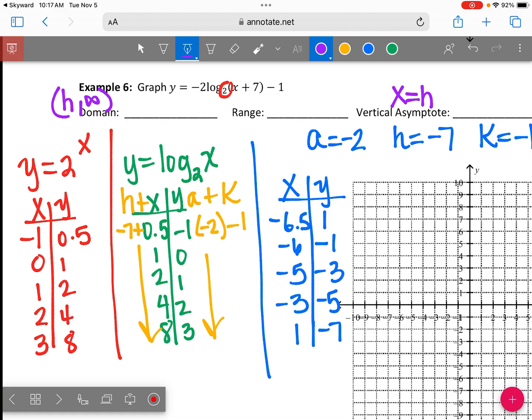All right, go ahead and see if your table matches my table.